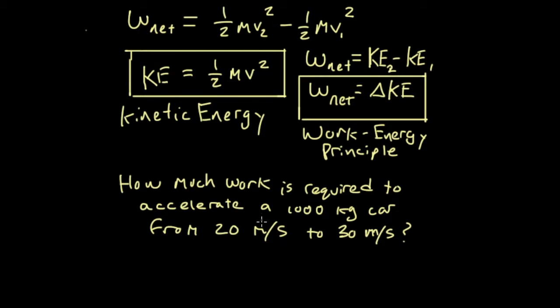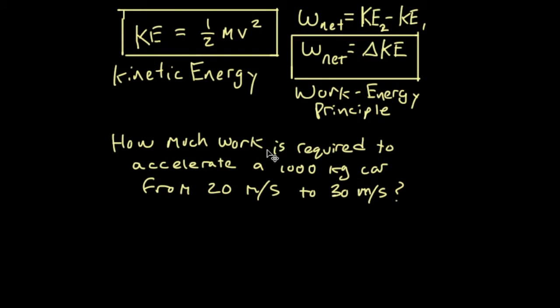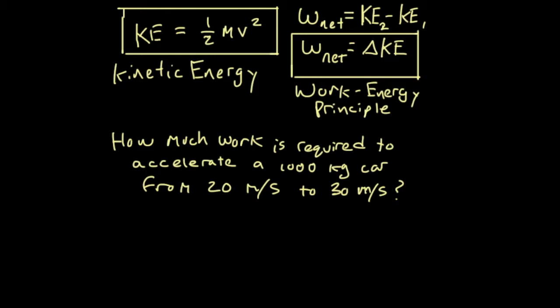We consider a car to be a simple system, basically a simple particle moving through space. So first we start by saying, well, work is going to equal the final kinetic energy minus the initial kinetic energy.